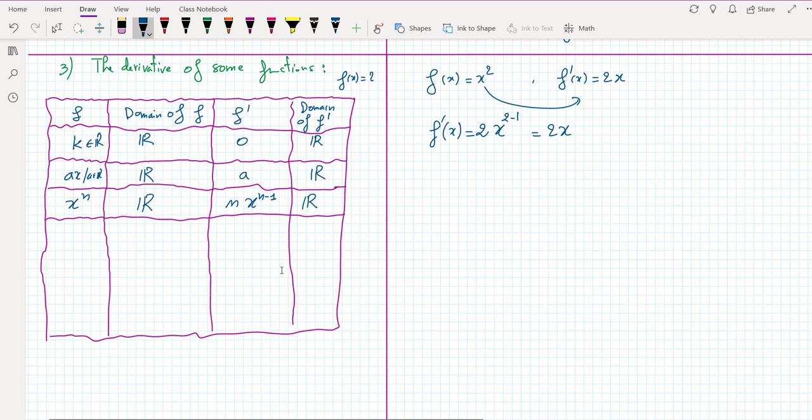The derivative of 1 over x: the domain of definition of 1 over x is R star, and its derivative is minus 1 over x squared.